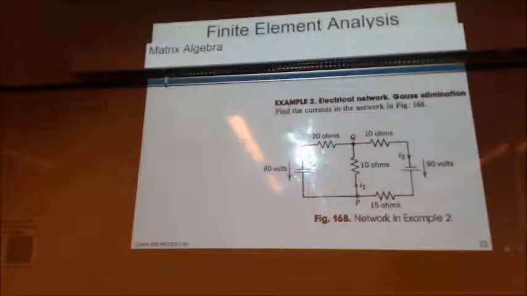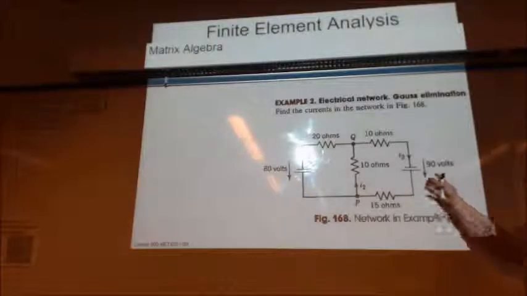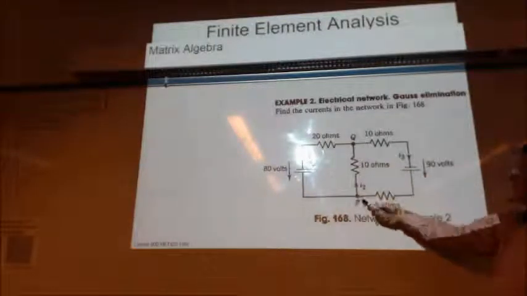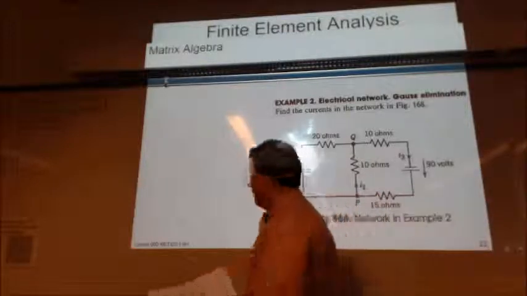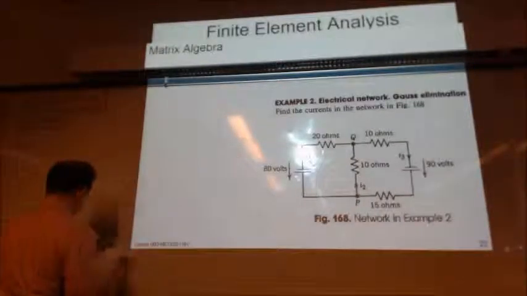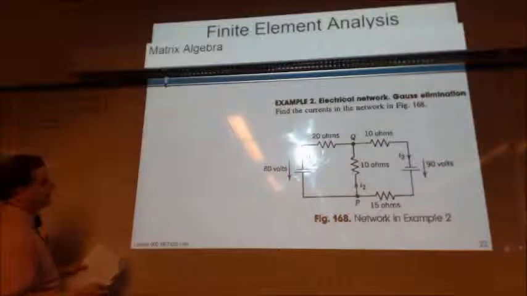Well, we're going to create a system of equations, put it in a matrix, and do Gaussian elimination to determine what the solution is. Right? Easy peasy. So to set this up, we're going to start with the nodes and apply Kirchhoff's conservation of current.